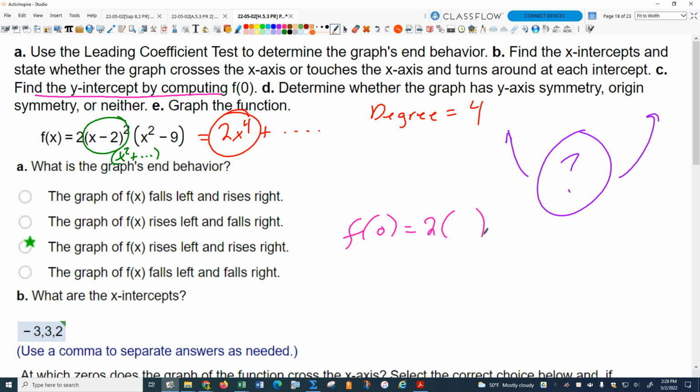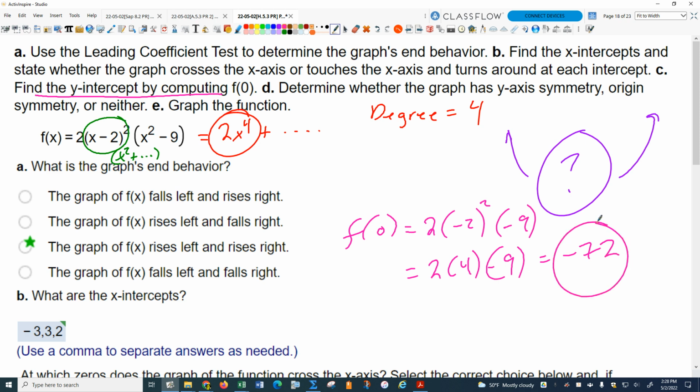So I'm going to get a negative 2 squared times 0 squared minus 9. Isn't that just negative 9? Simplify that, and that's our y-intercept. So that's just given us 2 times 4 times negative 9. So 8 times negative 9, negative 72. Okay, anybody buy that?